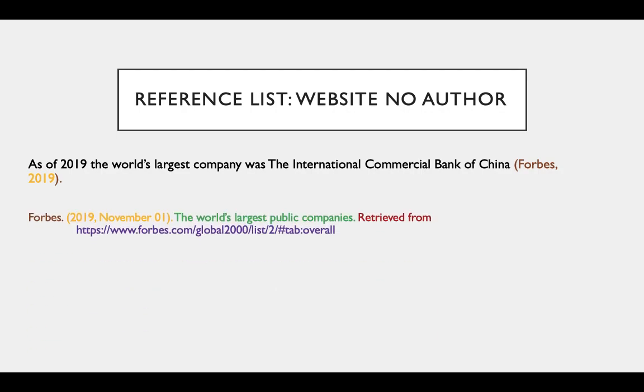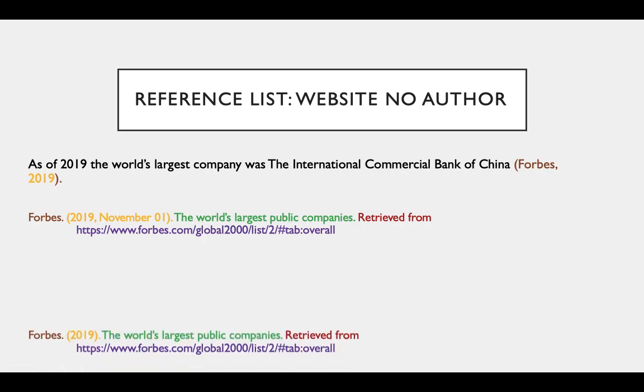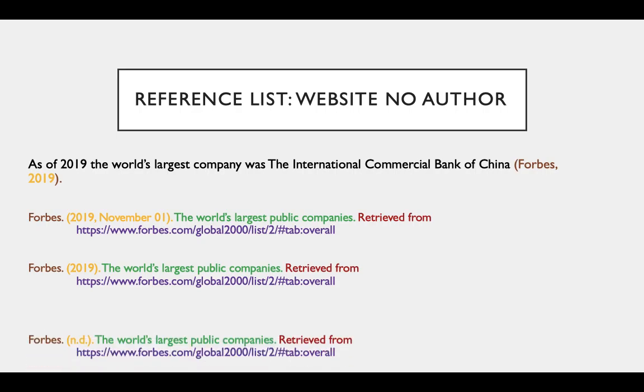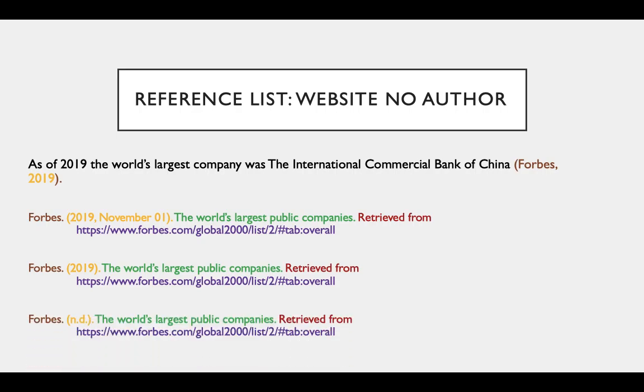So in this case, we know the month and the year and the date of the web page. It's listed on the web page. Sometimes you might just have the year, and so you just put the year in here. And sometimes you don't have the year, in which case you put N.D. for no date. Okay, so it should just have N.D. here.